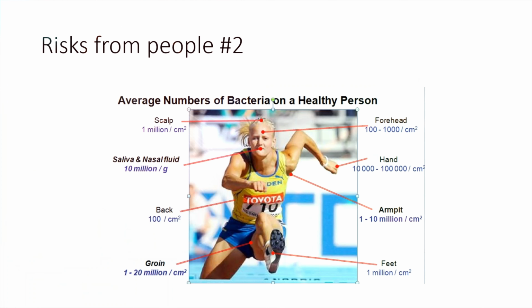And an example of risks from people, this slide shows the number of bacteria on a person from different body locations. And this information has been gathered from the recent human microbiome activity, which has been led by the United States National Institute of Health, where 300 individuals volunteered to have an array of samples taken.